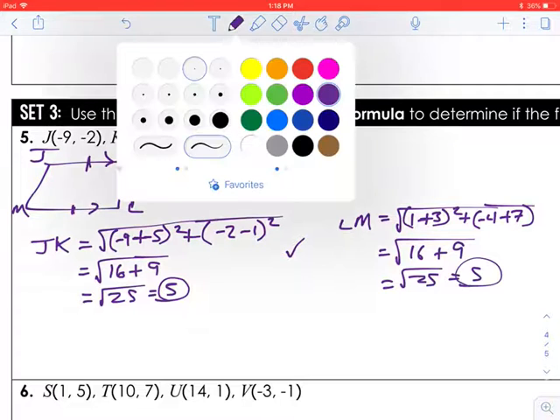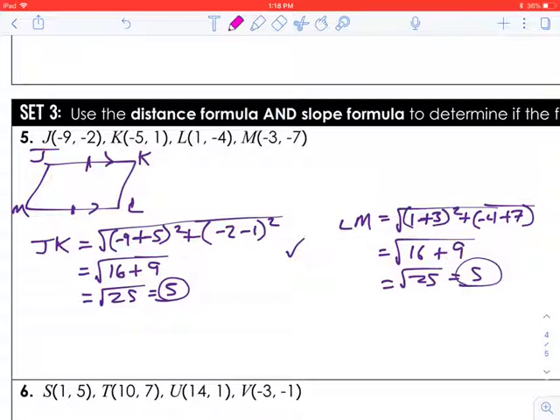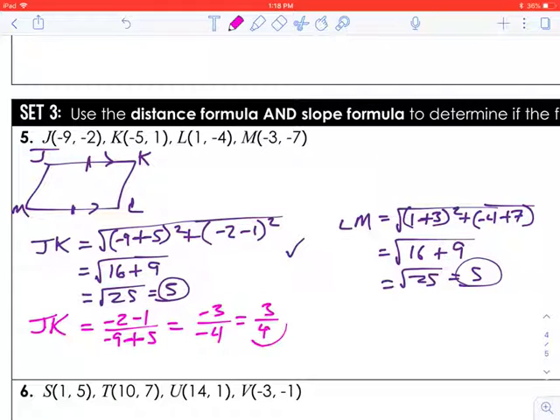Now let's check for slope. So JK's slope is going to be y minus y over x minus x, so -2 minus 1 over -9 minus -5, so plus 5. And so JK ends up being -3 over -4. So positive 3 over 4.